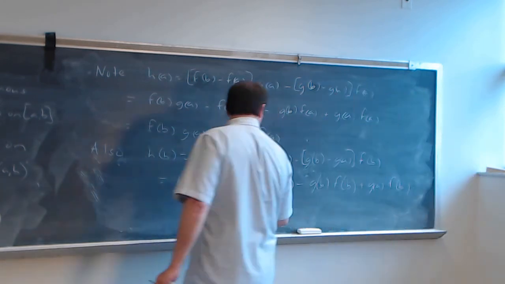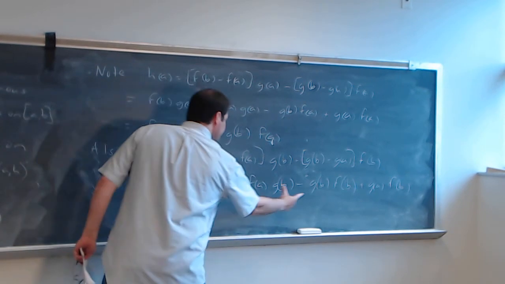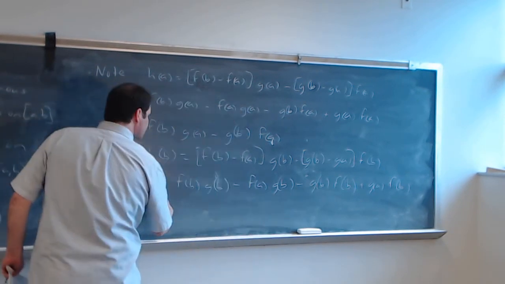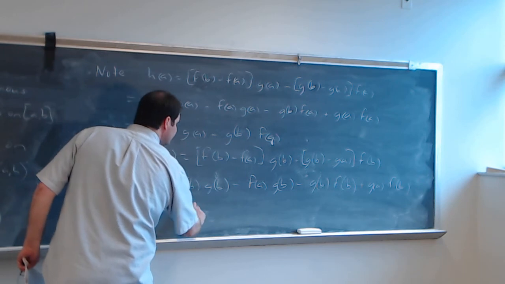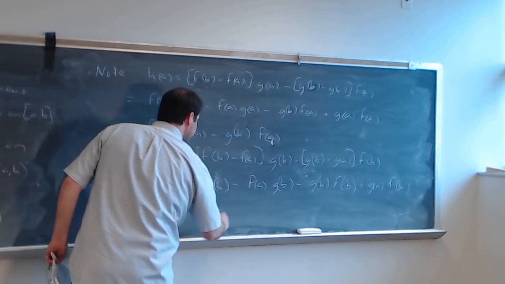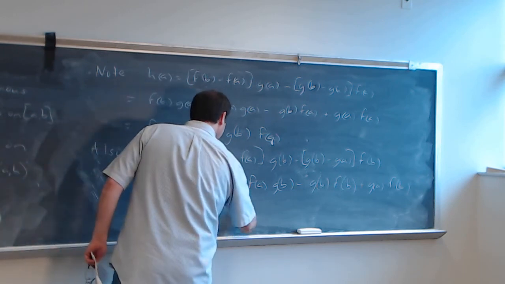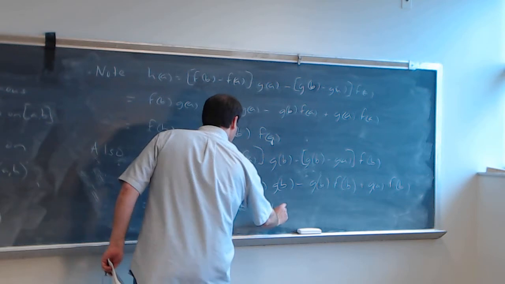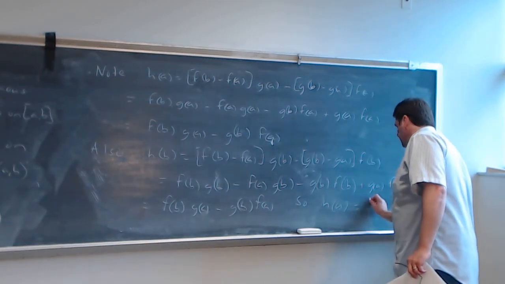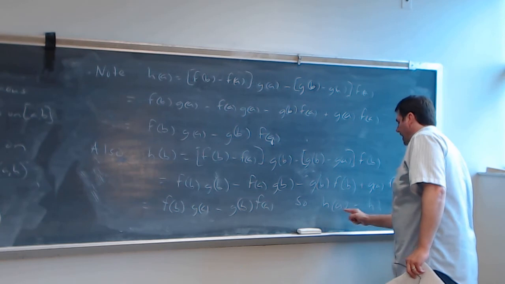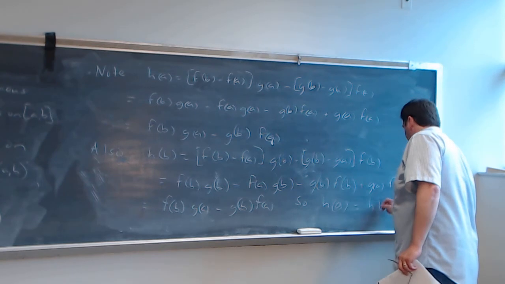So I believe two of these will cancel with each other, and we're just left with f of b g of a, minus g of b f of a. So what we find is that h of a is equal to h of b.